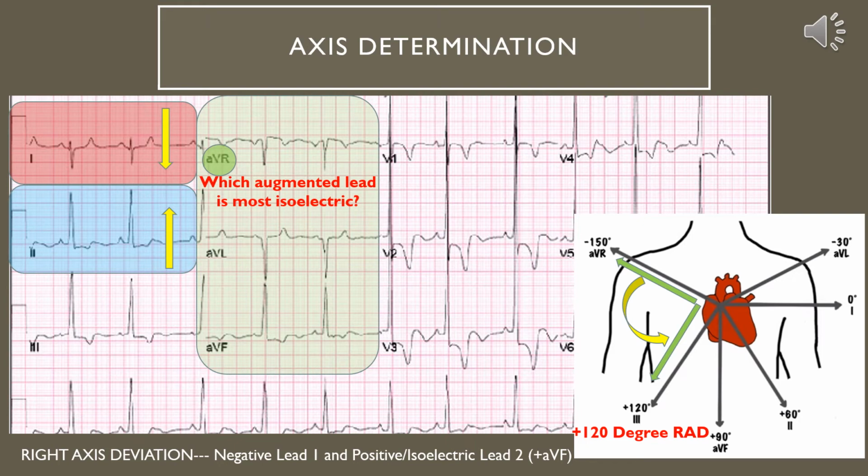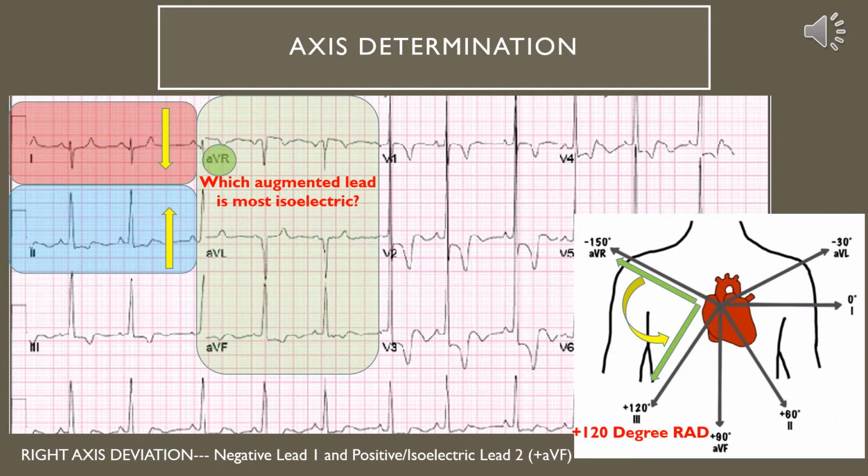Okay, so to determine what axis exactly we're looking at, we want to look at which of the augmented leads is mostly isoelectric. So looking at AVL, it's pretty negative. AVF is pretty positive. AVR is, again, more of your isoelectric line as far as looking at the QRS deflections.